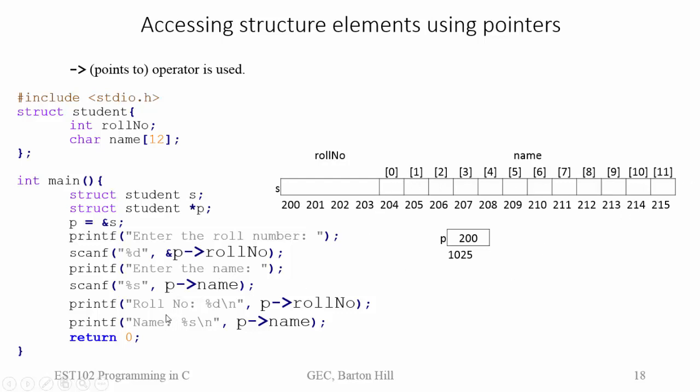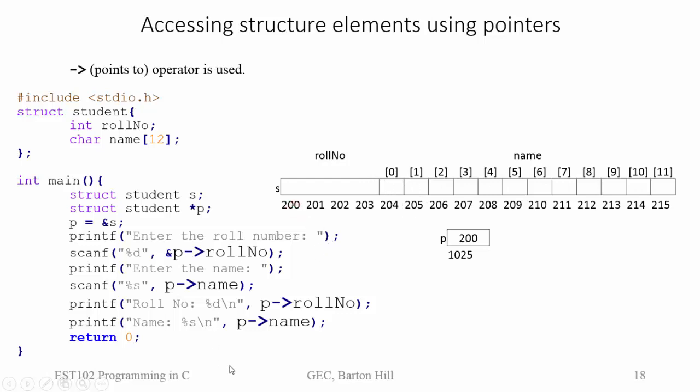The same way we have printed the values. p->roll number will print the member roll number of the variable stored at location 200, and p->name will print the name member of the structure stored at address 200.